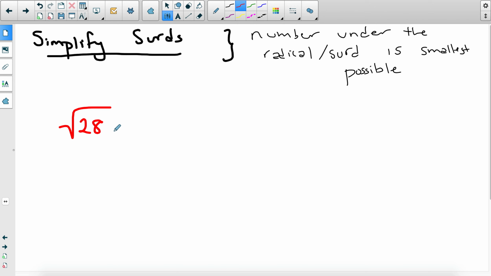Well, I can use the third property about multiplication. This is where it becomes useful. Again, it might not seem very intuitive to use the multiplication property, but as soon as you see a surd with a non-prime number underneath, so 28, it's not a prime number, so I can split it into two of its factors, and it's also not a square number.